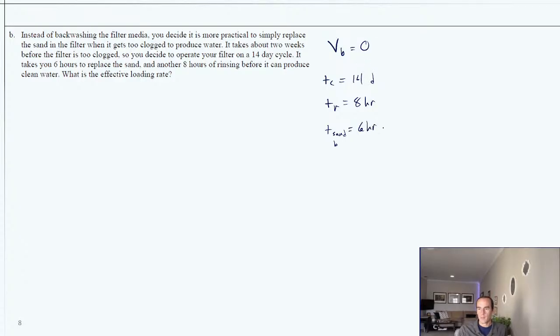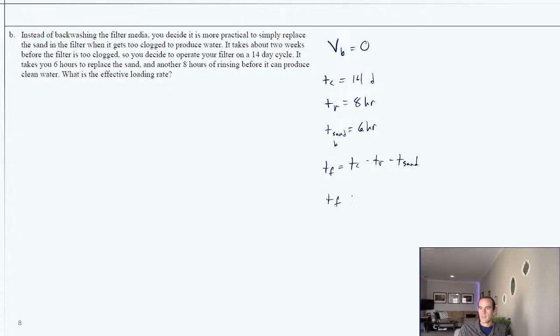Regardless, it's taking some time, so that's going to be 6 hours. Another thing we can do is put all of these into minute values. TF, of course, will be the total cycle time minus the losses from the time for rinsing and the time for replacing the sand.